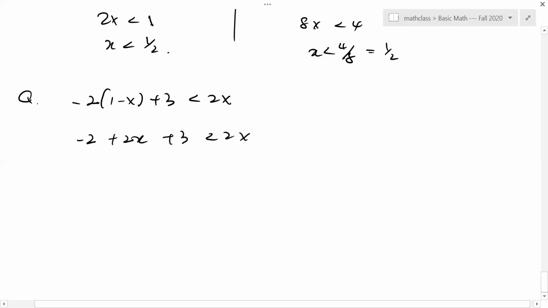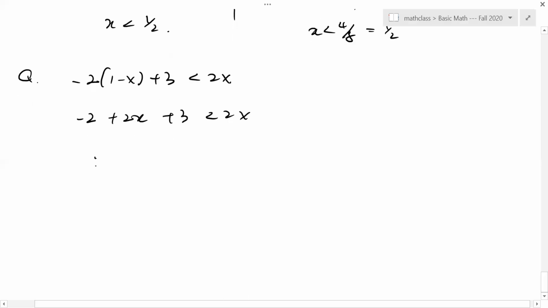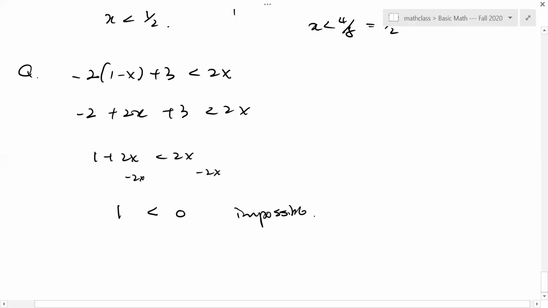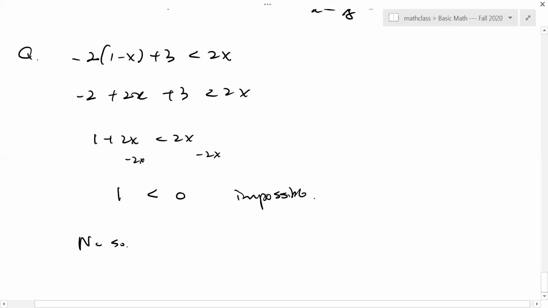So we continue simplifying. It will be 1 plus 2x less than 2x. Then I subtract 2x from both sides, I get 1 less than 0. That's impossible. And that means no solution. So it's possible there'll be no solution.